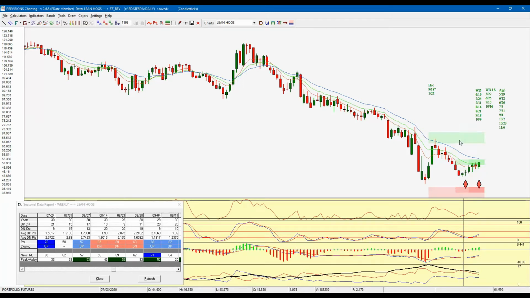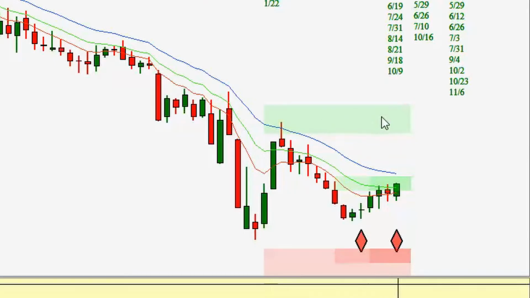Now, looking at this weekly chart here, one of the things I want to point out immediately is I've applied the overbought oversold indicator, as you can see here. So you have this green area and you have this red area. And when prices enter into this zone for the first time, the probability is extremely high that it will repel prices back into the direction from whence it came. So in this case here, prices moved up into this overbought area, and this is the first time it has done so.